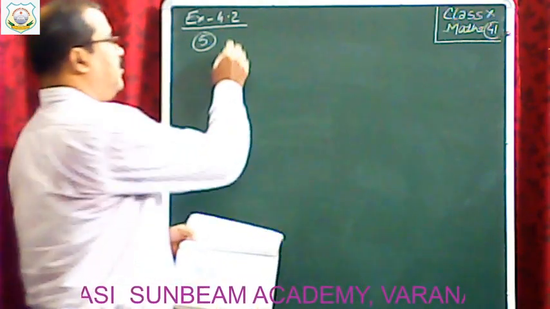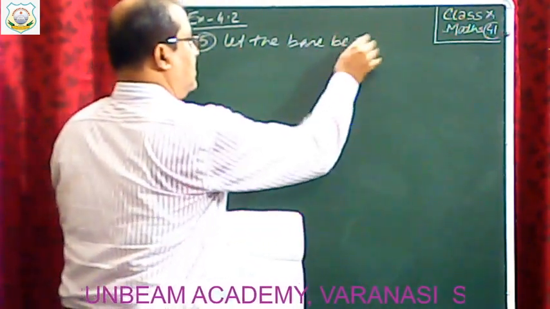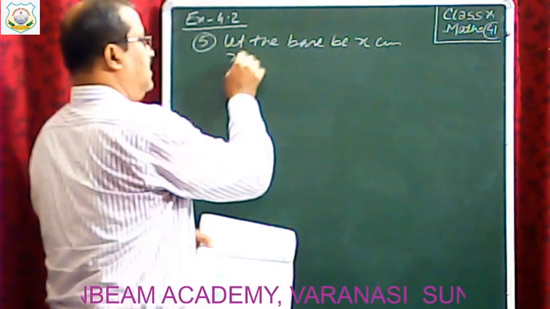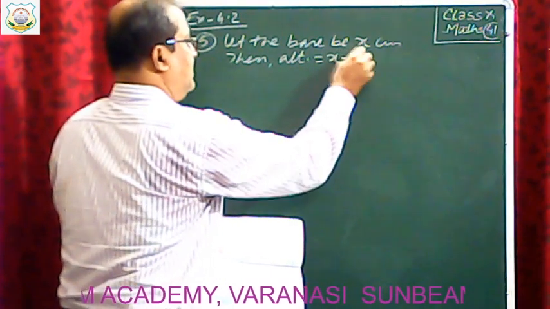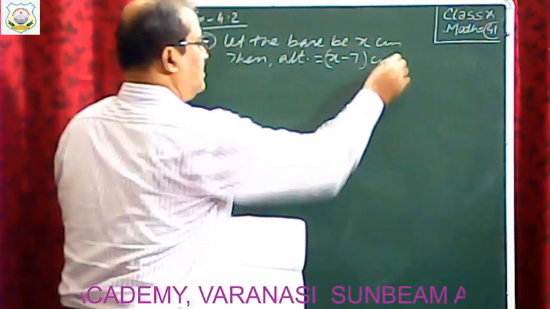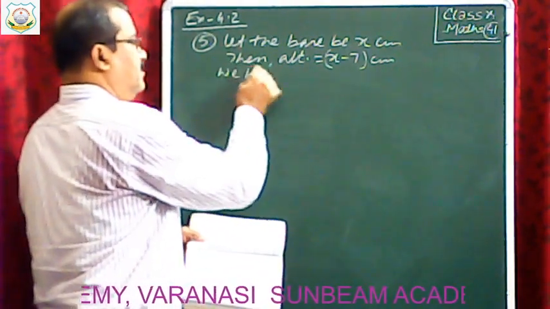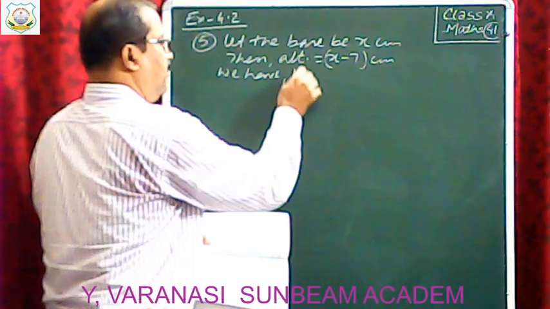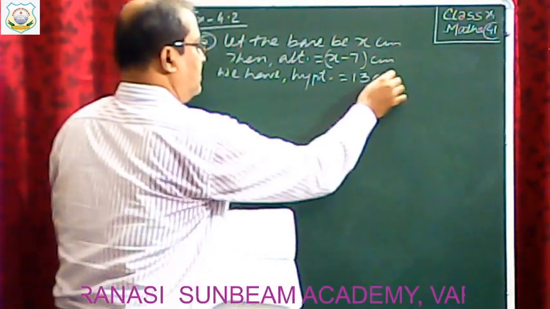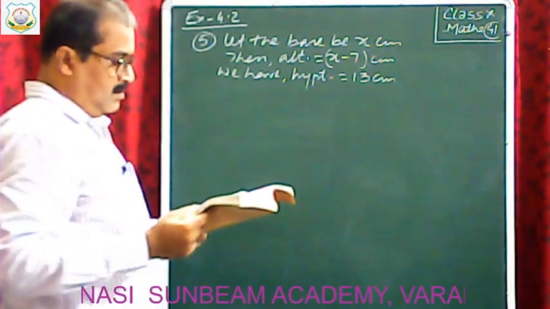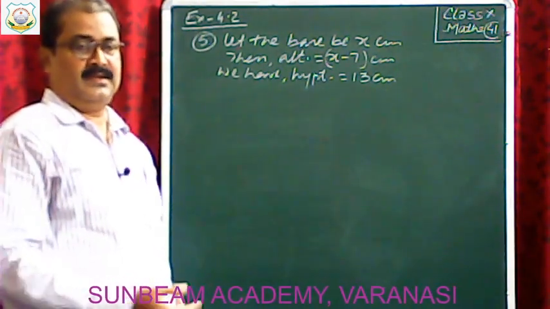So first of all, let the base be x centimeter, then altitude equal to x − 7 centimeter, and hypotenuse equal to 13 centimeter. You have to find the other two sides, base and altitude.